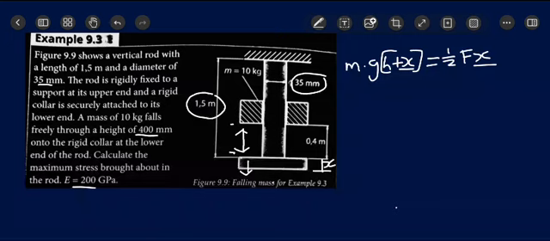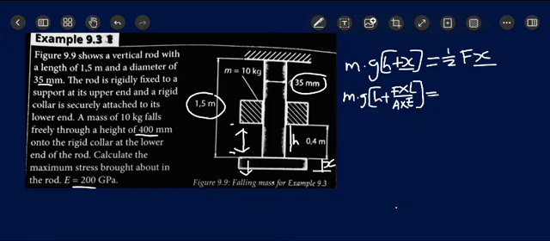The simpler formula is mg multiplied by h plus x, where x is the same as F multiplied by length, divided by area multiplied by Young's modulus of elasticity.